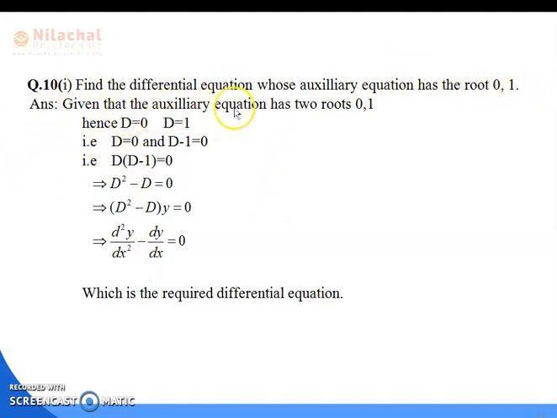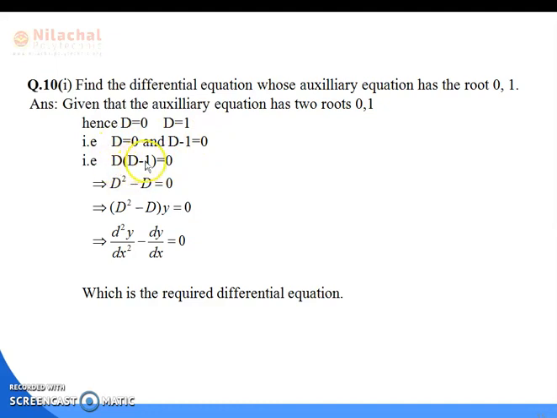Given that the auxiliary equation has 2 roots 0 and 1. Auxiliary equation has 0 and 1, what is the meaning of that? Means D equal to 0, D equal to 1. So we can write D equals 0, D equals 1, which means D minus 1 equal to 0. Both are equal to 0, meaning this D and D minus 1 both are equal to 0, so their product is also 0. Clear?